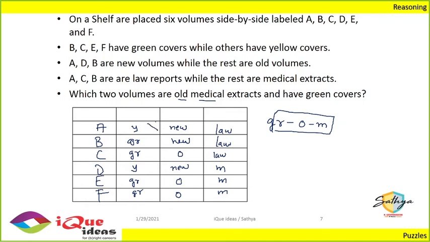So this gets eliminated, eliminated, eliminated. The last two, both E and F, they satisfy the conditions of being green, being old, and being medical extracts. So in this case, obviously E and F are the 2 volumes which are old medical extracts and have green covers, right?